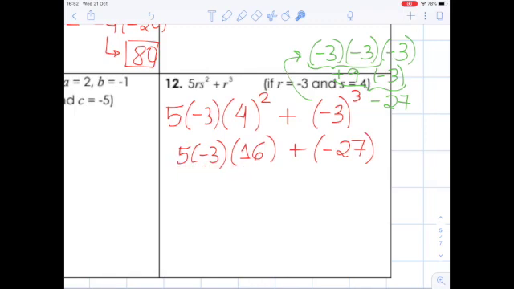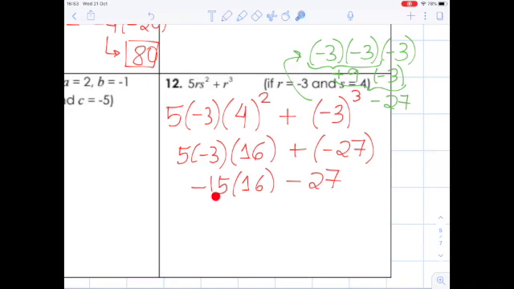Now we can do PEMDAS again, which is going to give me my multiplication. I'm going to do 5 times negative 3, which is negative 15, times 16, plus and minus gives me a minus 27. Let's keep on doing PEMDAS. This is a multiplication, so I'm going to have negative 15 times 16.